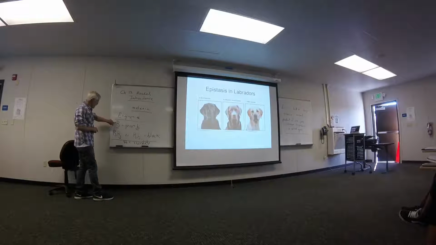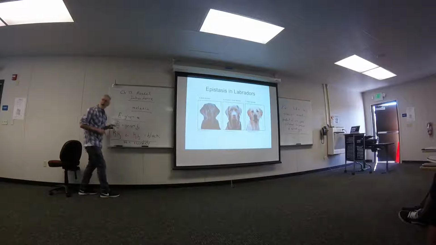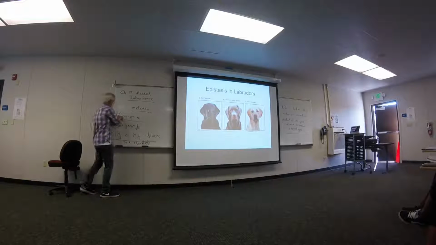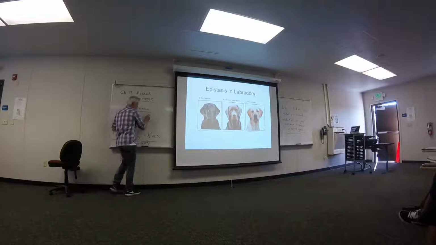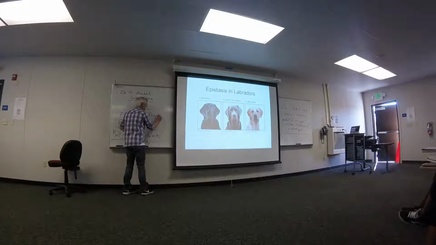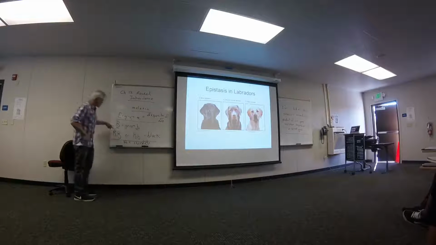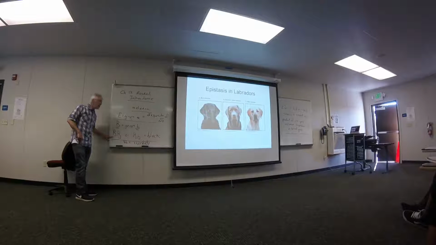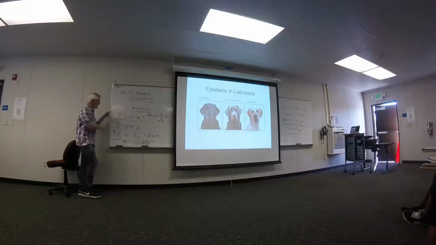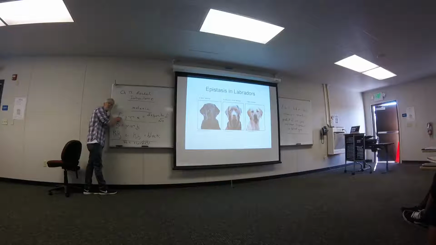So this is really the amount of pigment deposited because of this gene here. This E gene determines whether the pigment is deposited or not into the fur. Okay, so this is how much you make, how much melanin is synthesized from tyrosine. This determines whether it's deposited or not in the fur.